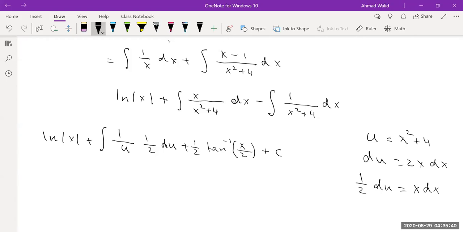The sign is negative, not positive. Here you have a negative because of this negative sign.